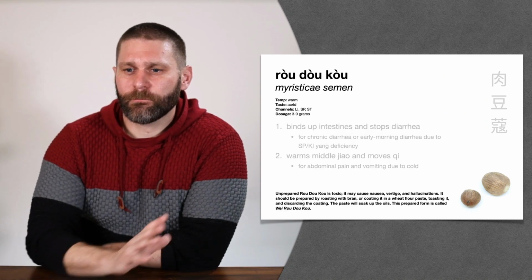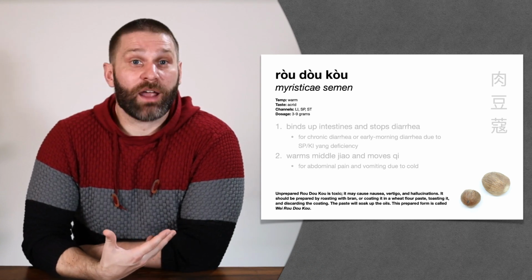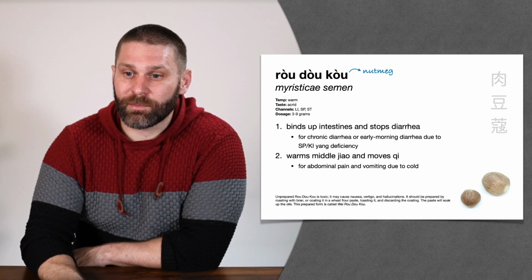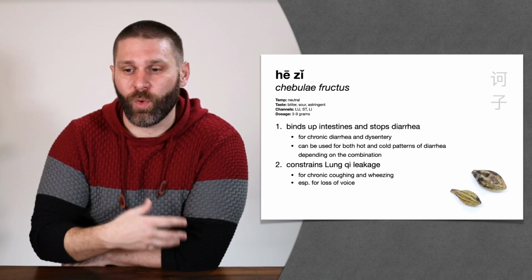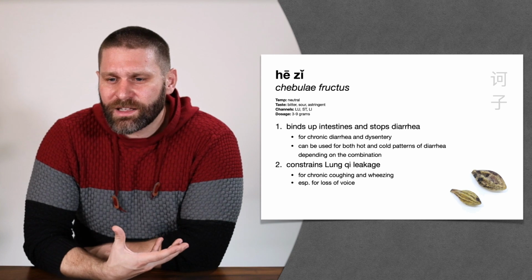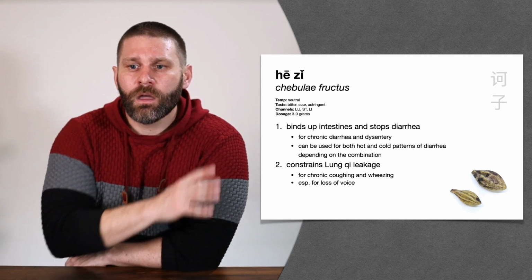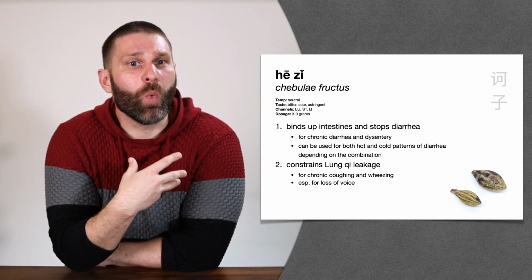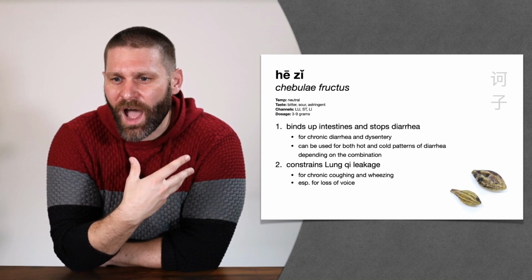So when I was in school, my Chinese teacher told me that there are actually two herbs that we do this with, Rou Dou Kou, but we actually do the same thing with He Zi. He Zi is often prepared in the same way, where it's coated in this paste and baked. But as far as I can tell from reading the textbooks, He Zi is prepared in this way just if we want to make the He Zi warm in temperature and go to the spleen.